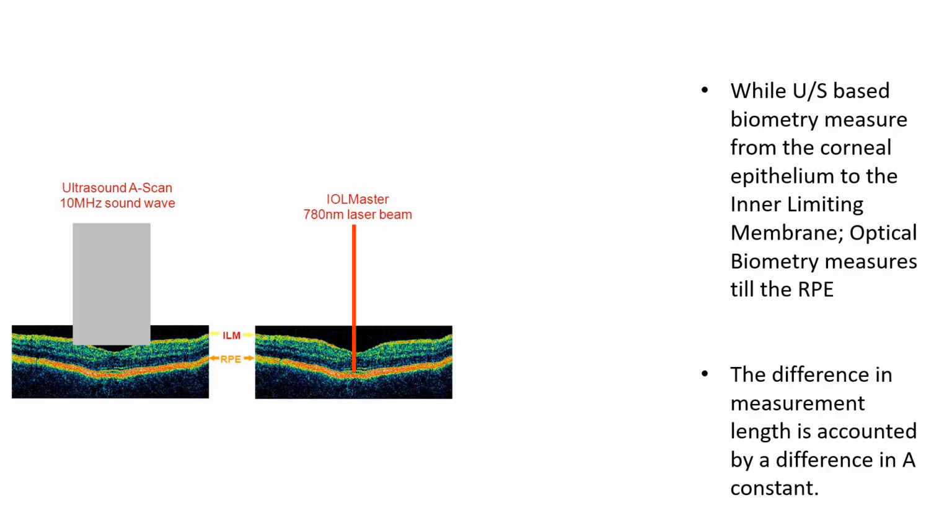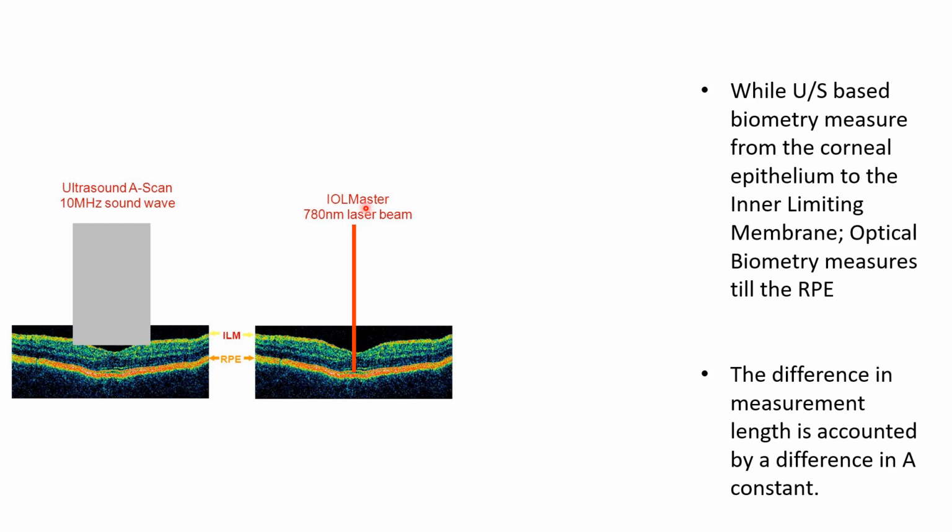This picture explains the difference between optical biometry and ultrasound biometry. Ultrasound uses a sound wave of 10 megahertz, which is quite broad and cannot penetrate the retina. It goes up to the inner limiting membrane of the retina.